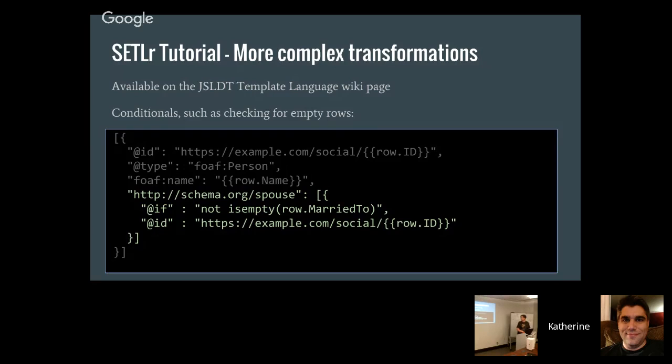The object, if you don't include this, is basically an empty value. And so by putting it in a list, you're basically providing an empty list, which means that if there's nothing in the list, it will just not do anything with that triple.